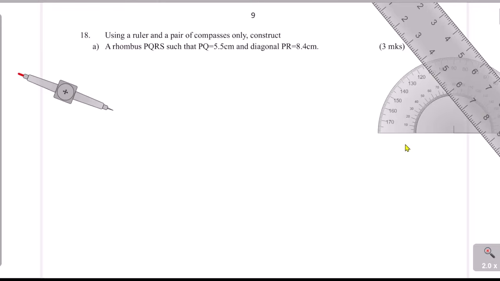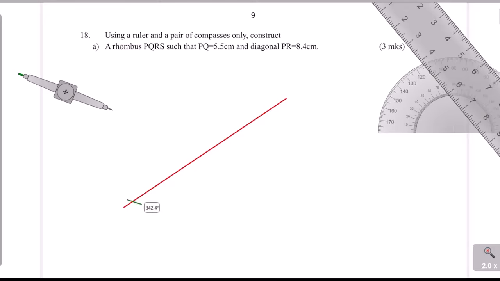So the way to begin this is first by obtaining PR. You can draw PR. So let me just draw PR. Assuming that is PR, now have the point P located somewhere here.